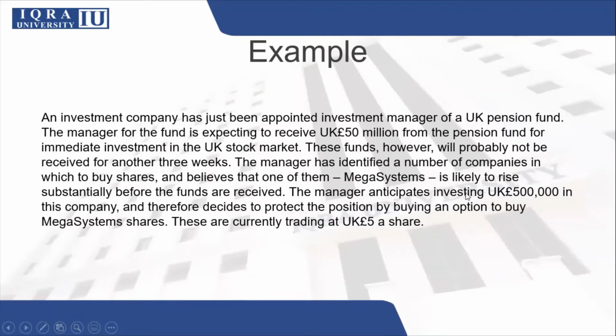The manager anticipates investing 500,000 in this company and therefore decides to protect the position by buying an option to buy Mega System shares. These are currently trading at UK pound 5 a share. So basically, there's a manager who is going to receive 50 million from pension funds, but he will probably not receive it for another 3 weeks.